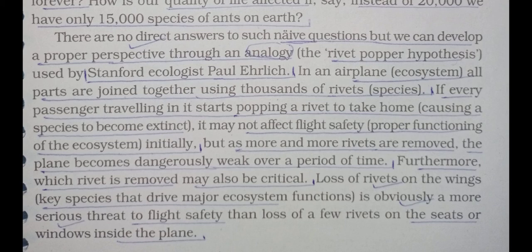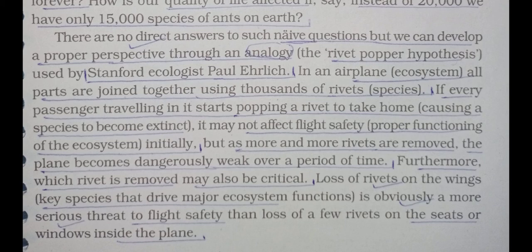In an aeroplane ecosystem, all parts, see, the aeroplane will be compared. Aeroplane is equal to one ecosystem. All parts are joined together using thousands of rivets. Rivets are equal to species. The aeroplane has thousands of rivets, so the ecosystem has thousands of species.